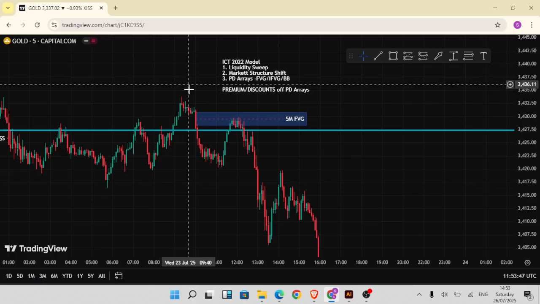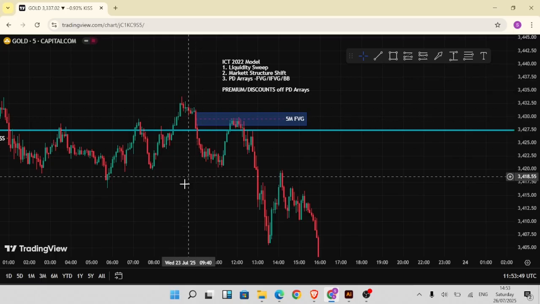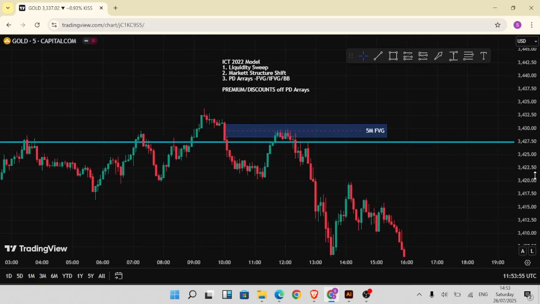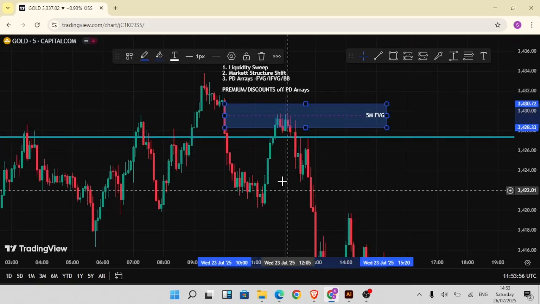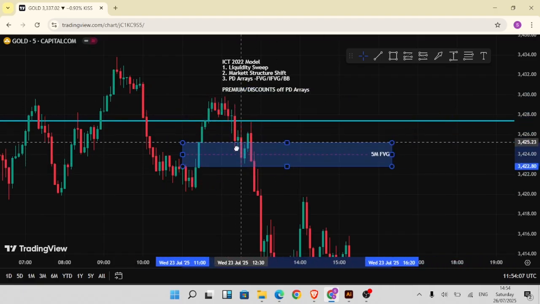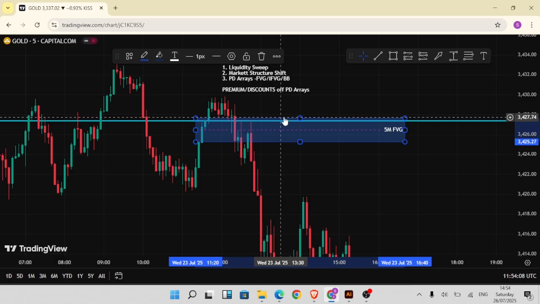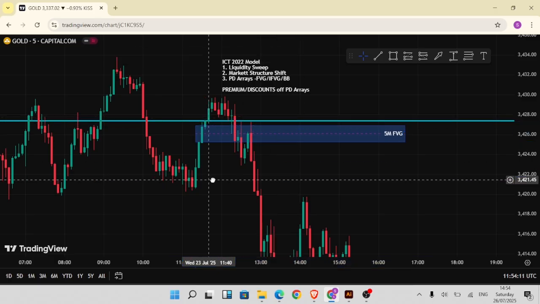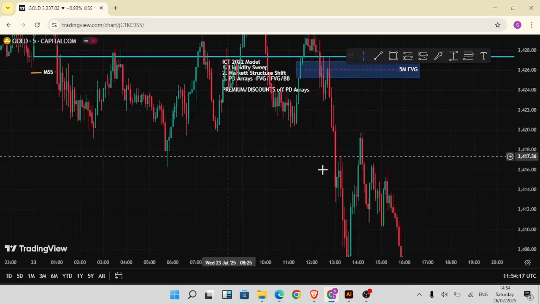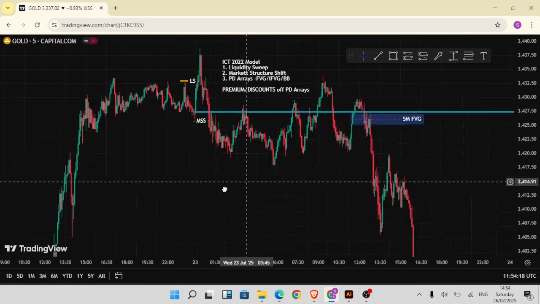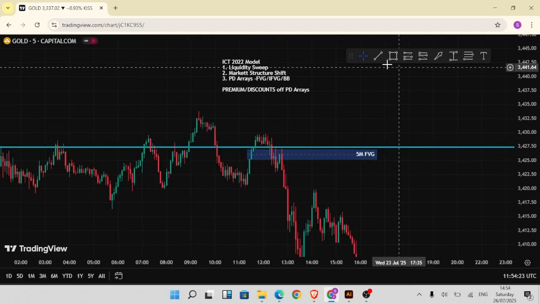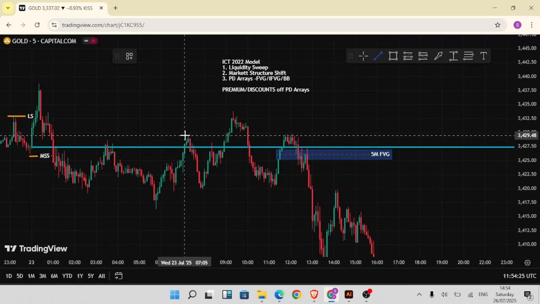So this was right there, this fair value gap entry. So if we looked at this fair value gap entry, we had several other opportunities. You see where price is reacting off of, again, same area, inverted fair value gap. Or if you don't want that, we had very interesting opportunities happening.